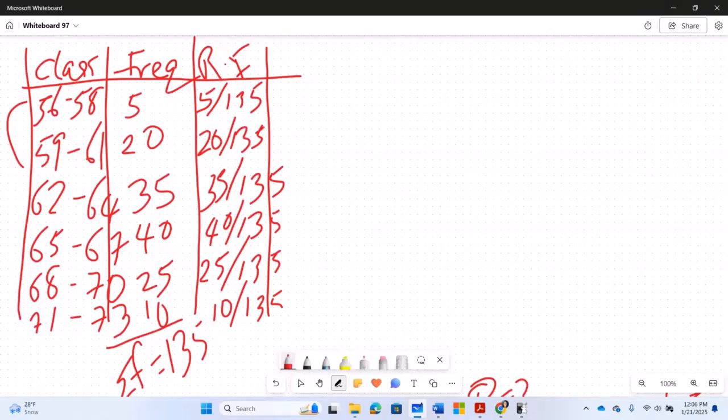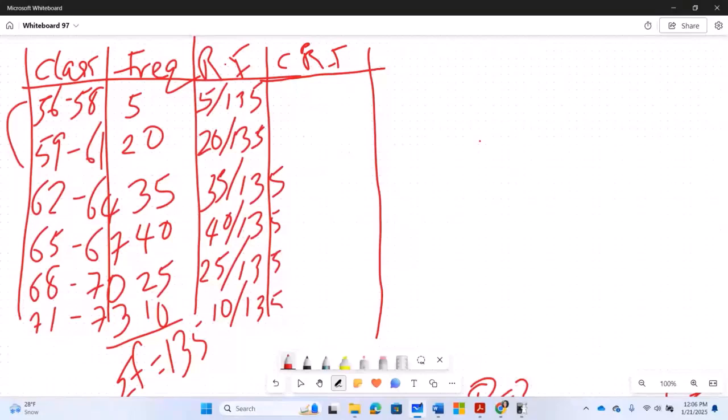Also, I could be told to create a column for cumulative relative frequency. By the way, remember that what we are doing is grouped data with quantitative variables. So cumulative relative frequency is what I'm doing here.